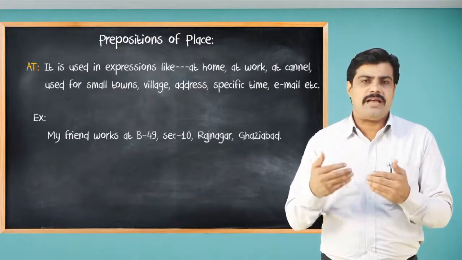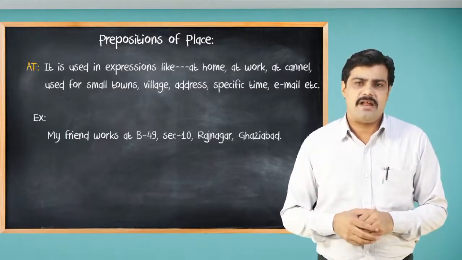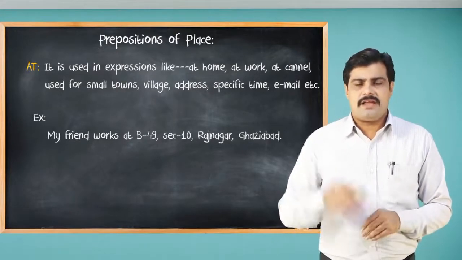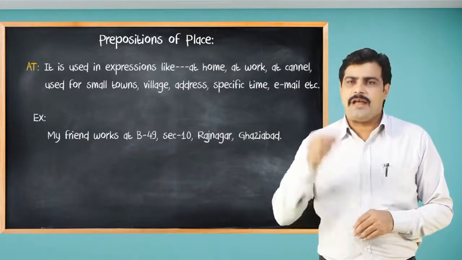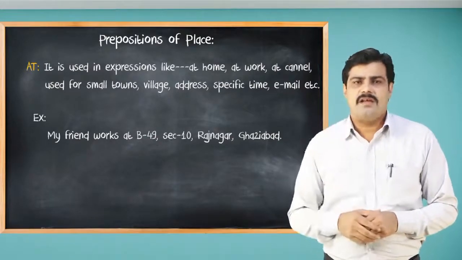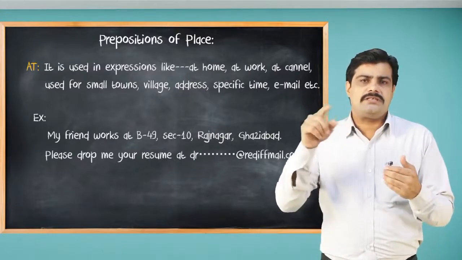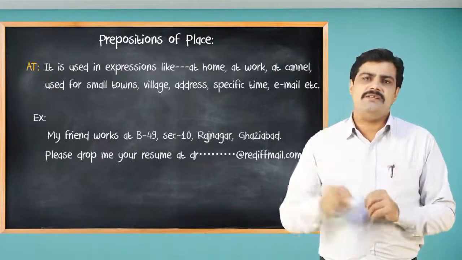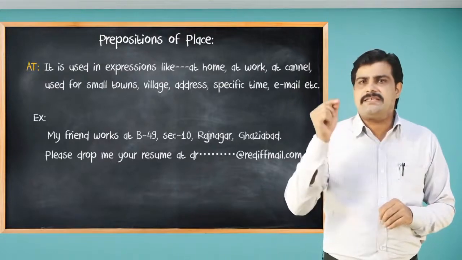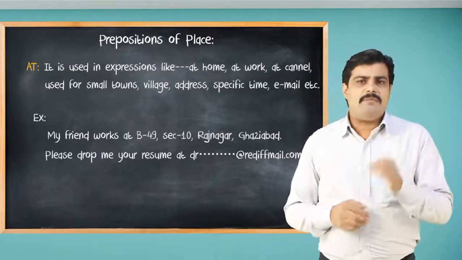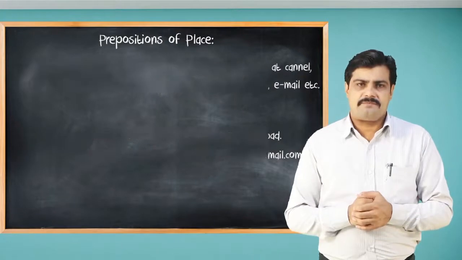My friend works at B49 Sector 10 Rajnagar Ghaziabad. Here it is address. For address we use at. Please drop me your resume at dr@rediffmail.com. So here it is email ID, and for email ID we use at.